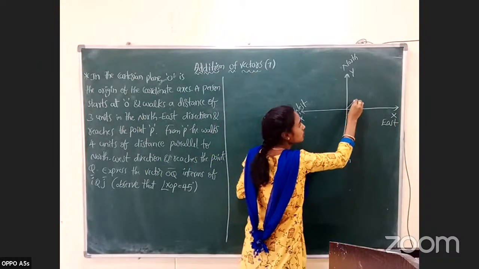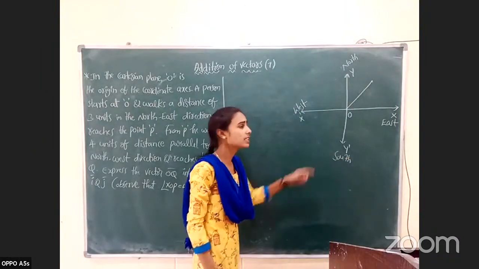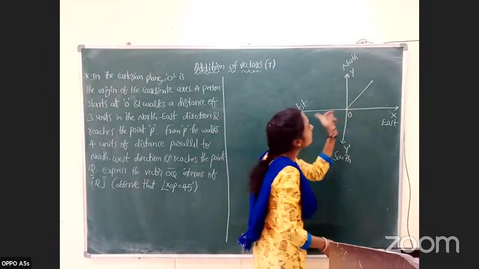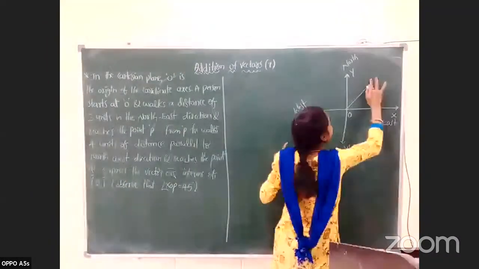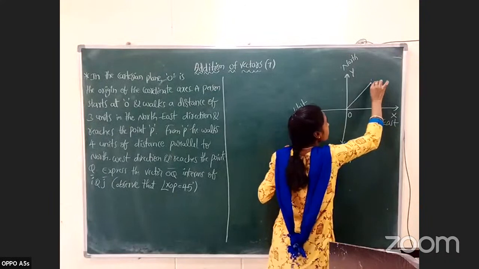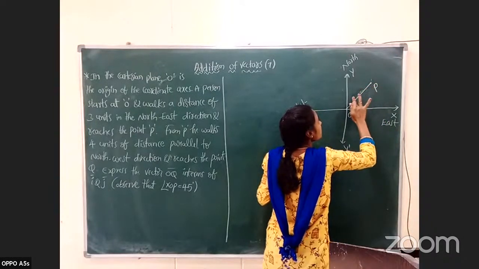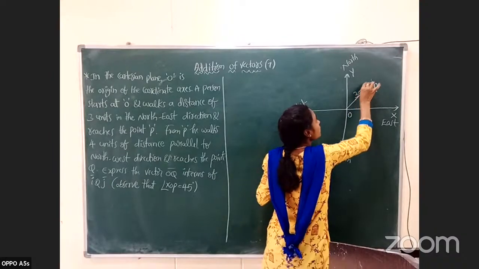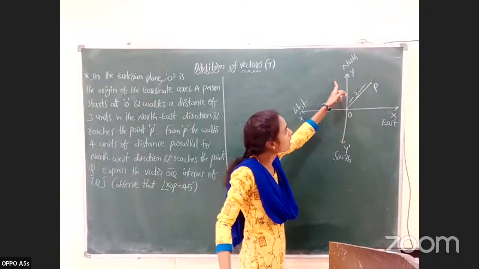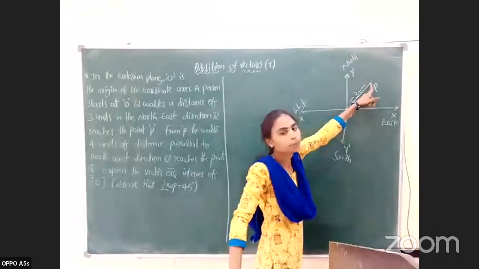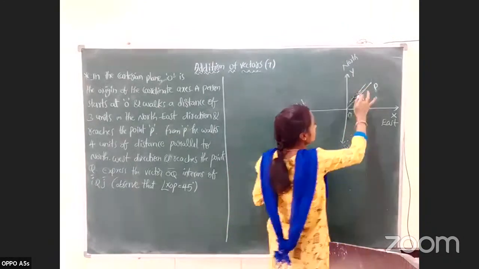So the person starts at O, walks in the direction of northeast and reaches a point P. The distance between O and P is nothing but 3 units.